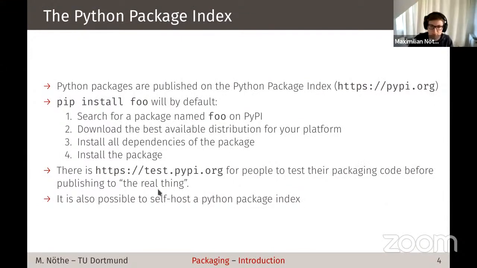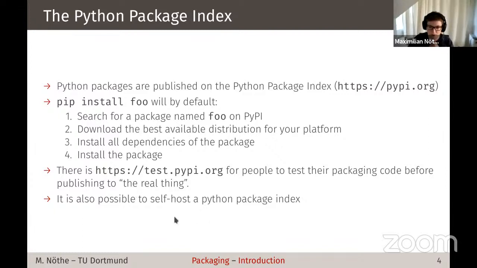And the software that runs on the PyPI servers is open source. It's called the warehouse. So you can also self-host a Python package index, which might be interesting for you if you're a big research institute or a big company, and you don't want to enable people to just install any kind of software, but you want to make sure that only dependencies that you have acknowledged to work or that you have audited to work correctly are installed by your developers.